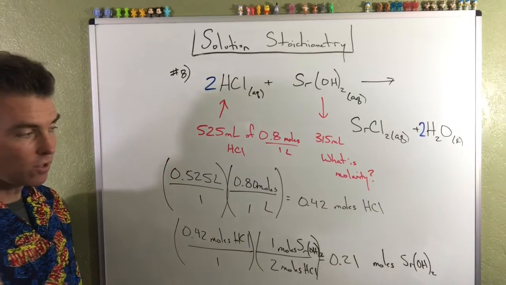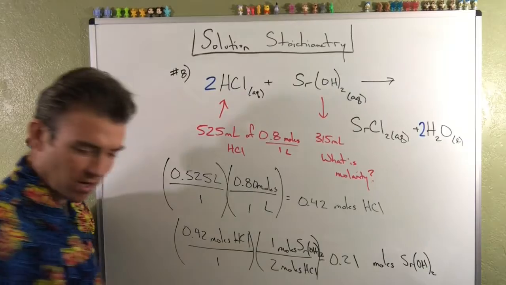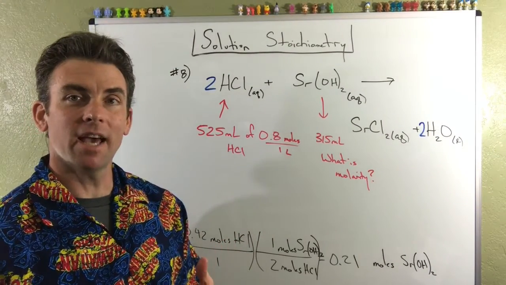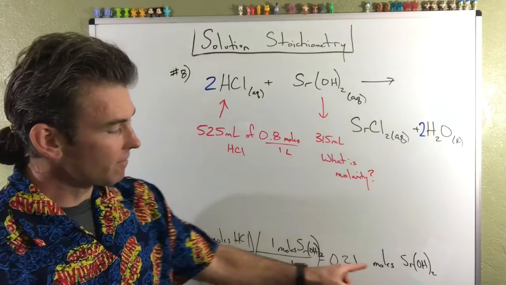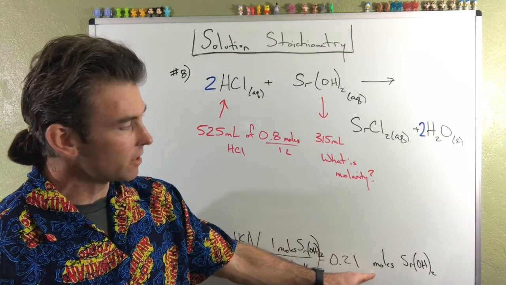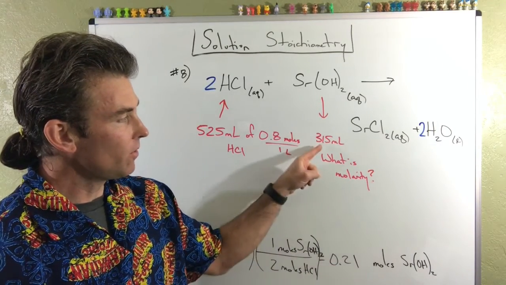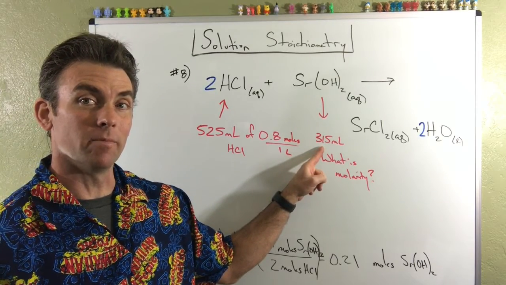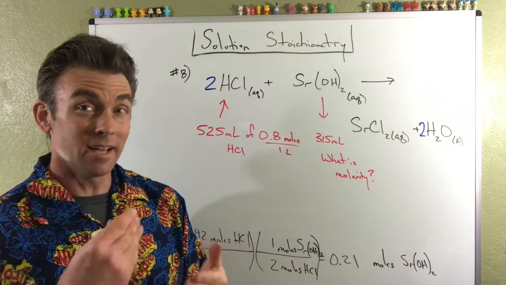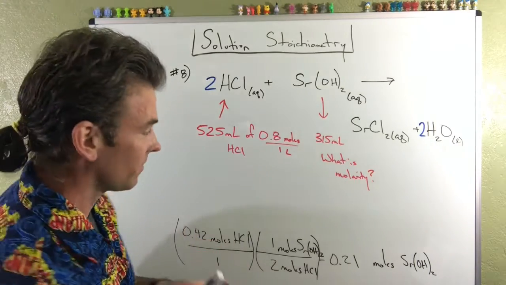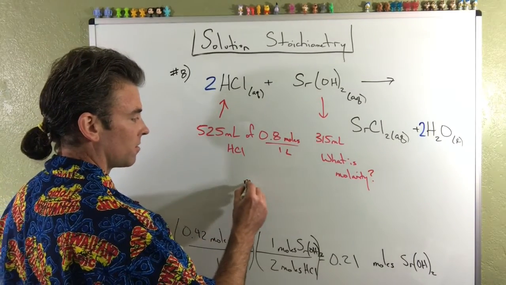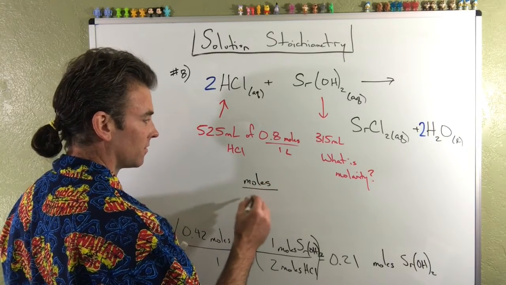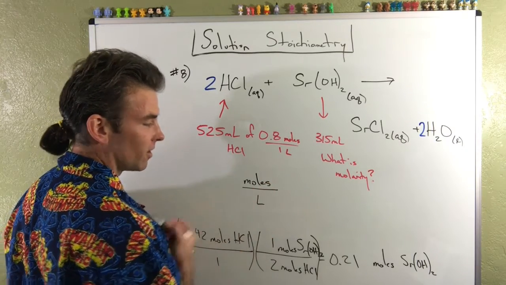I've got 0.21 moles of strontium hydroxide, and now let's take a look at the question that's being asked, right? I know that I've got that number of moles of strontium hydroxide. I know that it was supplied by exactly 315 mils of volume, right? So molarity is moles per volume, right? Let's write that down. The molarity of something is always the moles per liter of something.